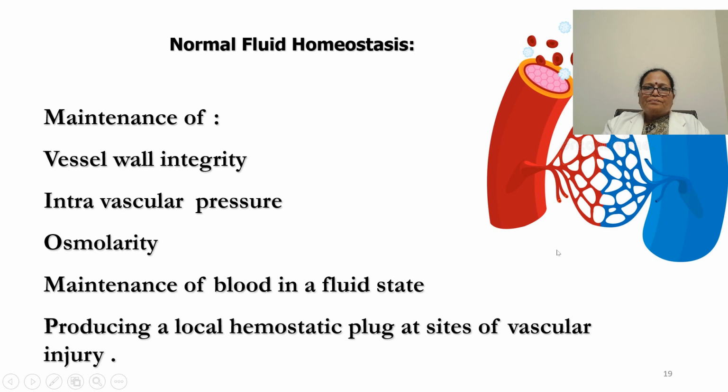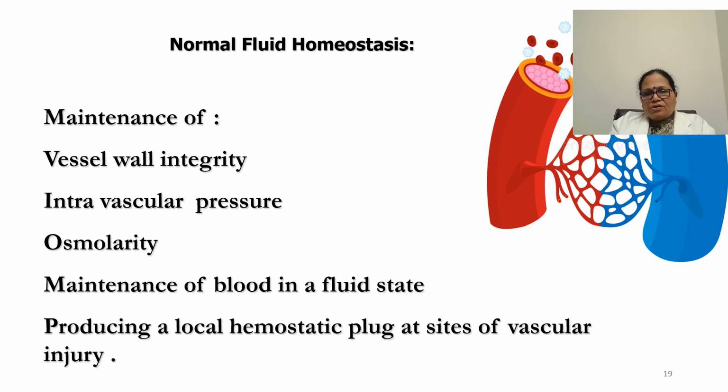So, now a few words, I would like to talk to you about normal fluid hemostasis. So, all this while we were talking about edema. Okay. So, maintenance of vessel wall integrity, intravascular pressure, osmolarity, maintenance of blood in a fluid state. I was telling you we can't clot to death or bleed to death. Just remember these 2 points. The blood can clot or bleed.